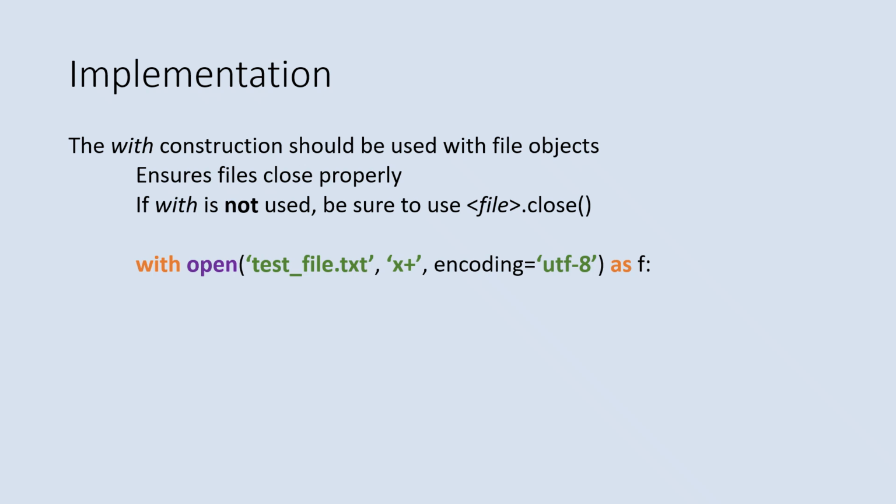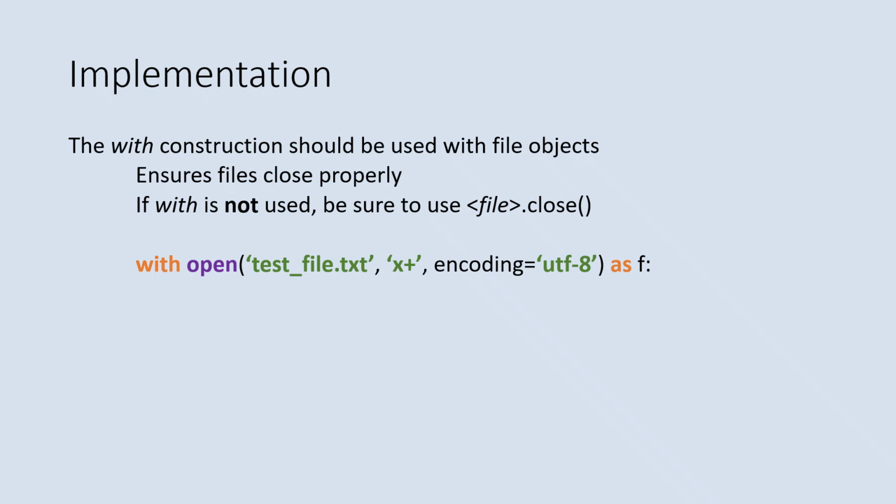So to use the with construction, we say with, and then we open the file. In this case, we've called the file test_file. It's a text file.